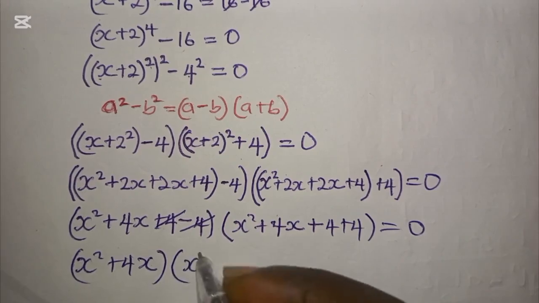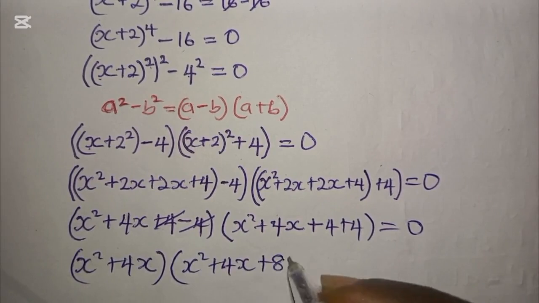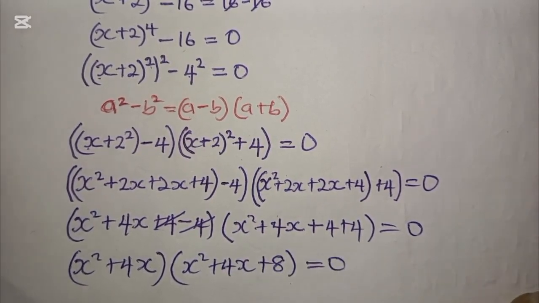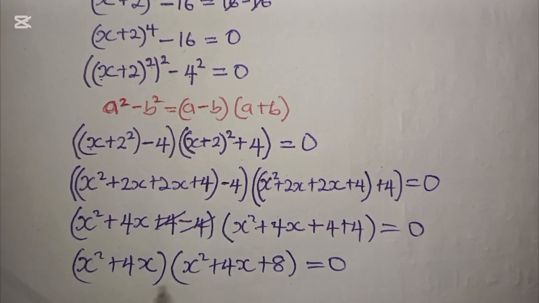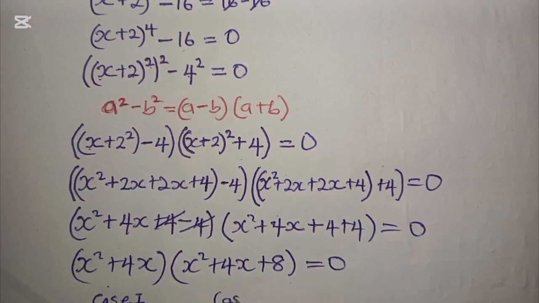Then x squared plus 4x plus 8 equals 0. Okay, so from these two factors now, let's look at the first factor. Let me call it case 1. This second factor, let me call it case 2.